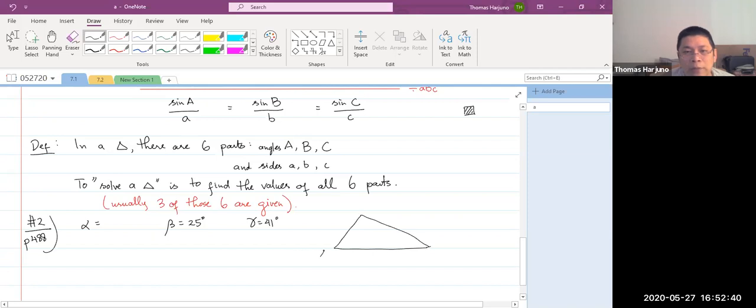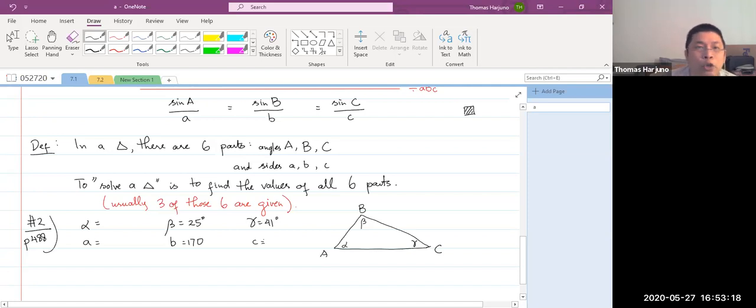This is vertex A, vertex B, vertex C. Then angle alpha is the angle for vertex A, angle beta is the angle for vertex B, angle gamma is the angle for vertex C. Also given to us is the length of side B, which is 170. Now what we need to do is to find the rest of these 6 parts.